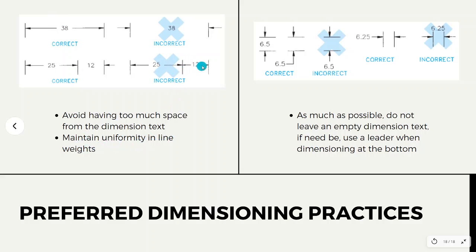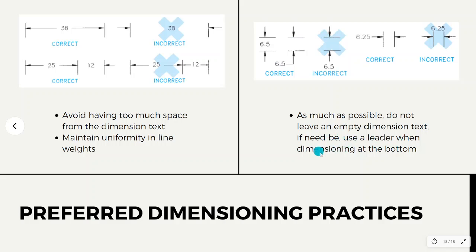So the dimension line and arrowhead are made smaller to fit the 12 dimension text, so you can put the arrowhead outside. So that is chain dimensioning, okay? Then as much as possible, do not leave an empty dimension text.